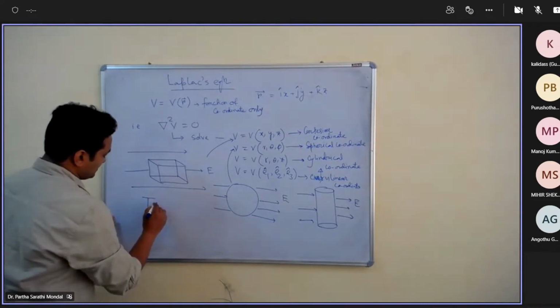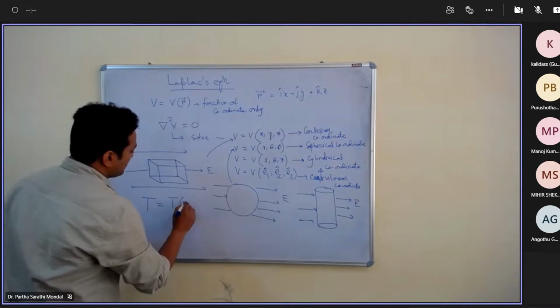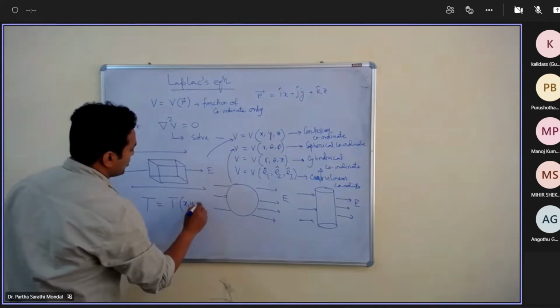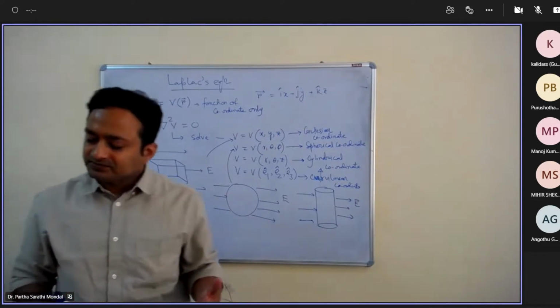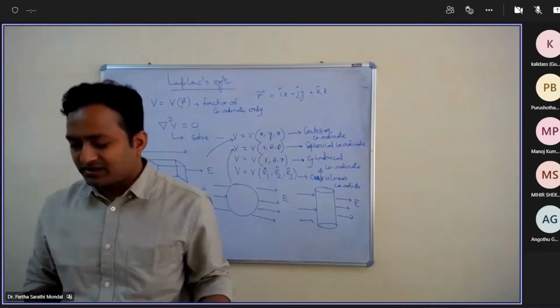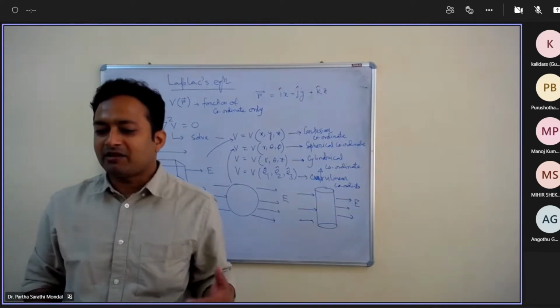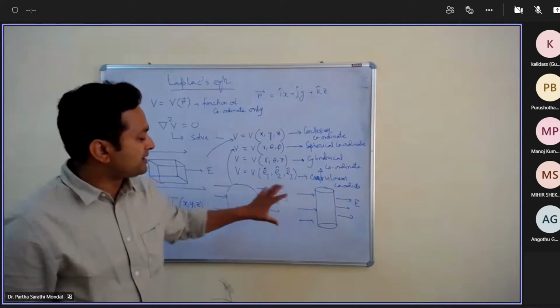Suppose temperature. Temperature is actually a function of x, y, z coordinates only. So suppose you have a bar, and you want to find out the temperature distribution inside the metal bar or metal cylinder or metal sphere.